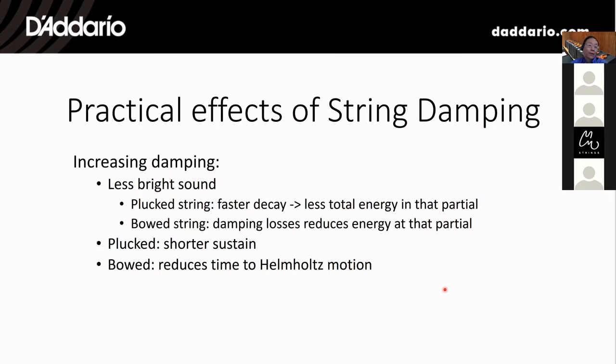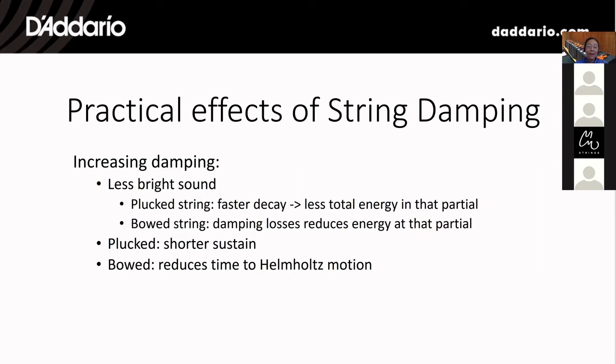For plucked strings, there's also a sense of shorter sustain with higher damping. And as I've just mentioned, higher damped strings generally are easier to bow. It reduces the time to Helmholtz motion.